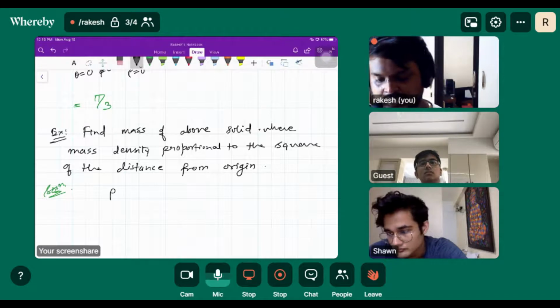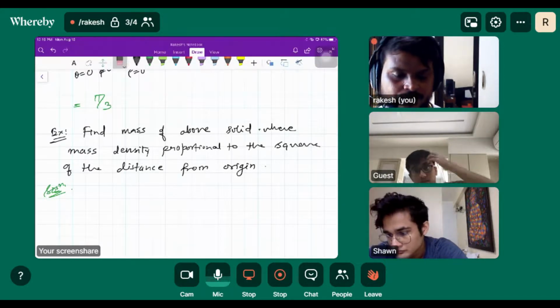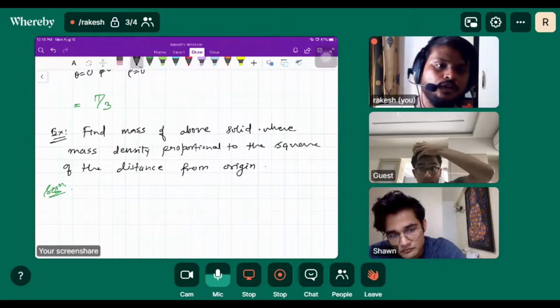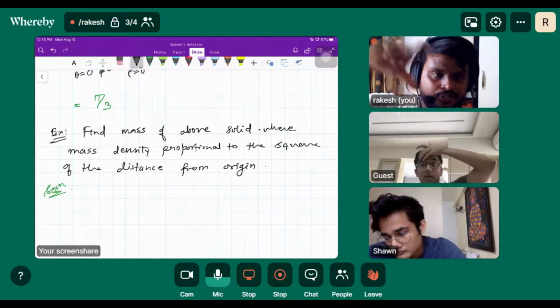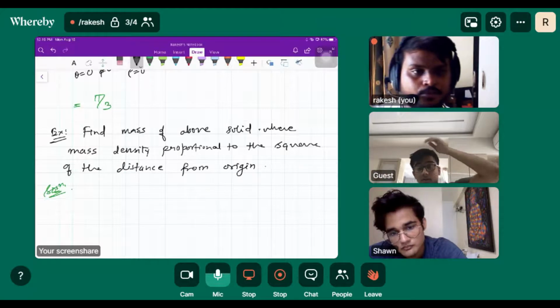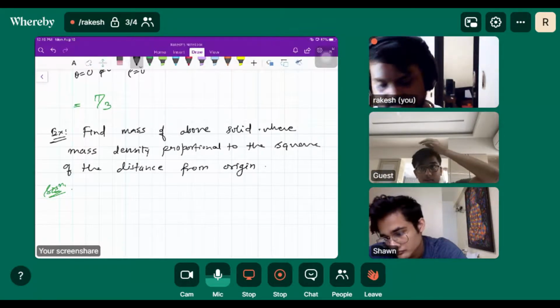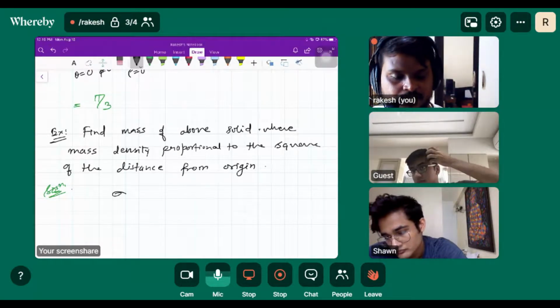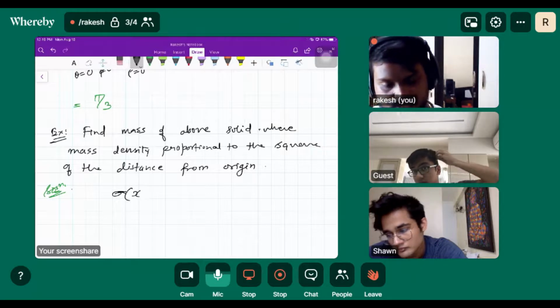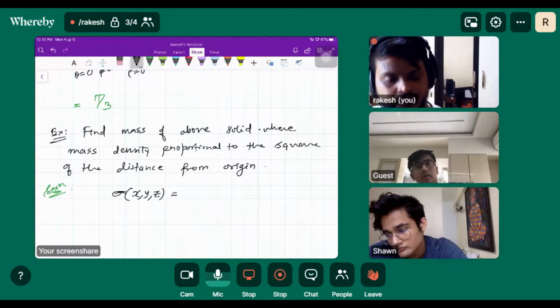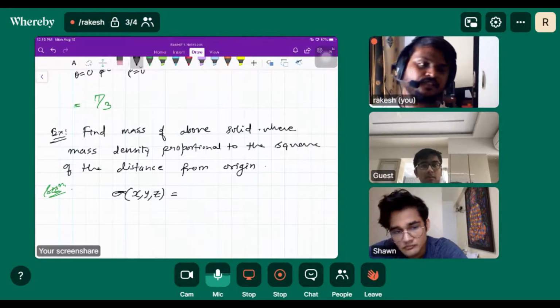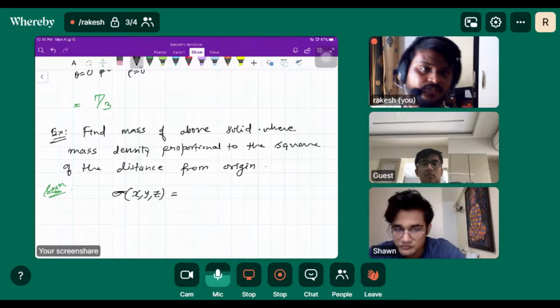What would be the mass? There is a clash between variables. We have been using rho for denoting the radius of the sphere. Now the mass density function has to be defined with some other variable. Let's say sigma, so sigma of x, y, z. What would be the mass density function here from the given condition?